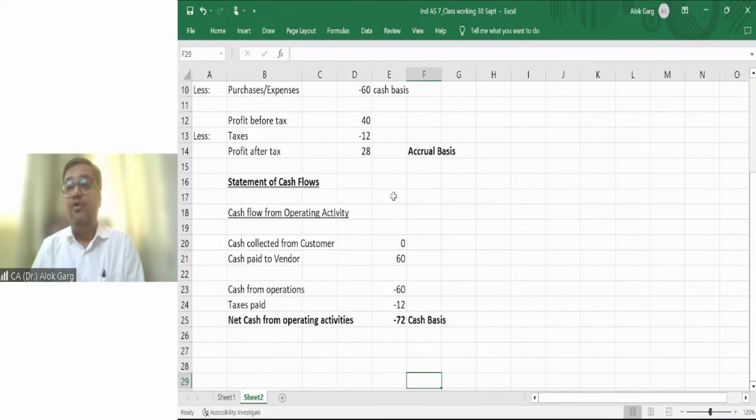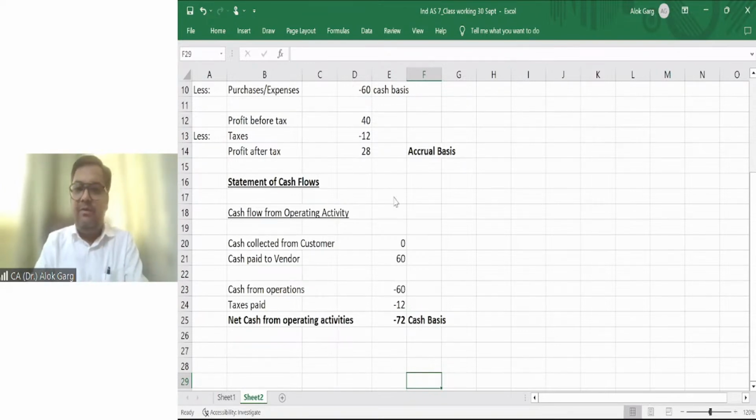For example, if you want to join the company as an employee, if you want to invest in this company as a shareholder, if you want to lend to the company as a financial institution, if you want to sell your goods and services to the company as a creditor. Okay, so these sort of things you need to look at to understand the company's performance.